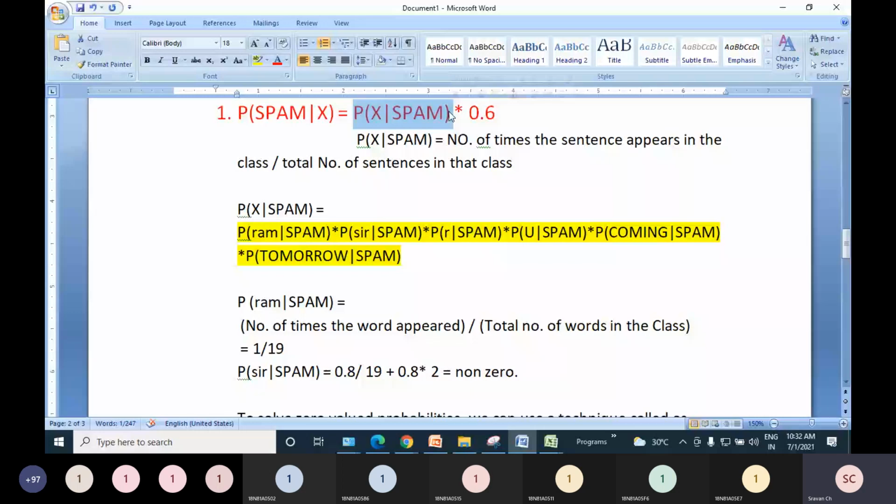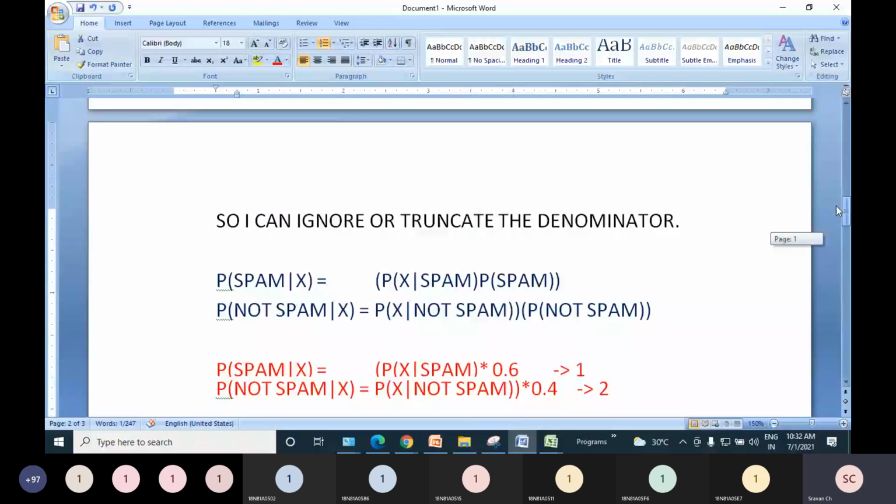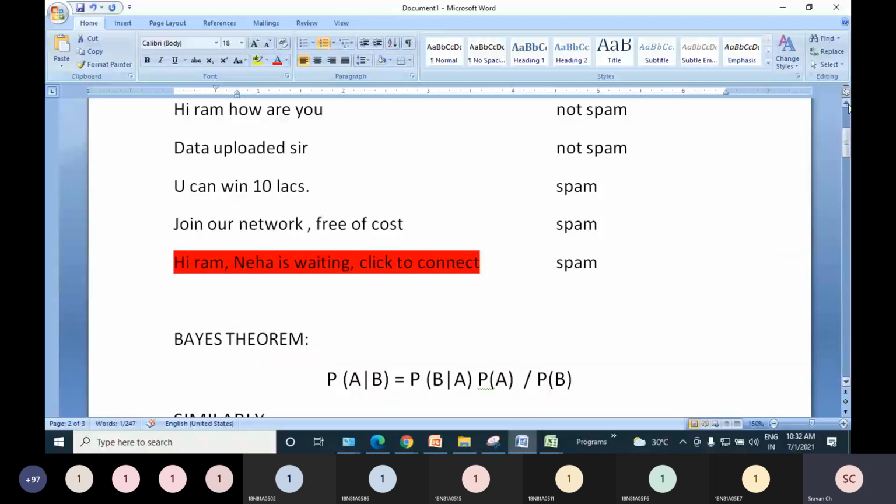Similarly, the same process I will repeat on the other class, not spam class. In not spam class, we have only two records. So I will repeat the same process. Same message is there. Ram sir, are you coming tomorrow?